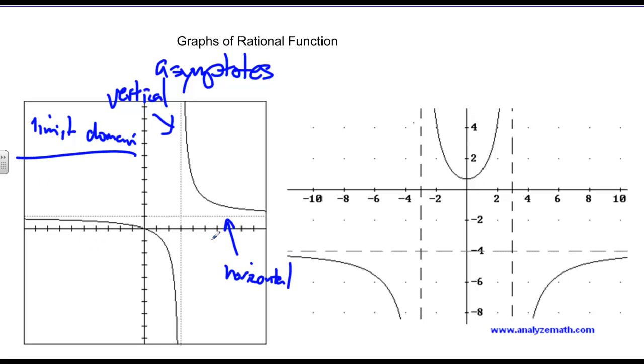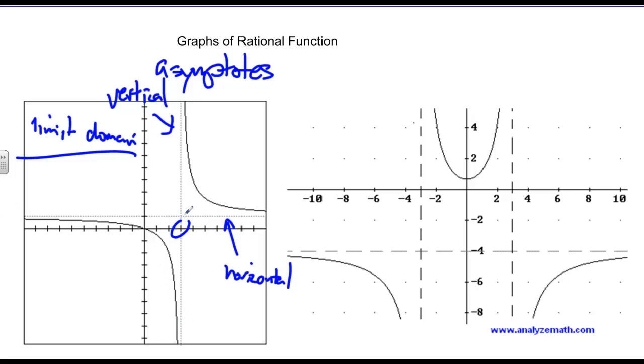All right, and what that means is that your graph will never equal that value. So in essence, this graph right here skips up and over this asymptote and starts again right here. So since it limits the domain, this is what we call a restricted value right here.